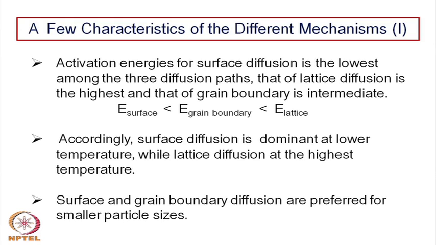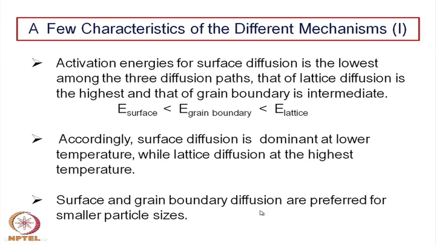The activation energy for the surface is the lowest, the grain boundary is intermediate, and the lattice diffusion activation energy is the greatest. So, lattice diffusion becomes operative at a high temperature and larger particle size, grain boundary at intermediate temperature, and surface diffusion at a lower temperature. Surface diffusion is dominant at lower temperature, while lattice diffusion at the highest temperature.